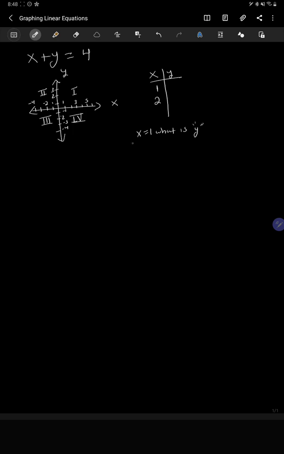So we plug in the 1 on the x. We got x plus y equals 4. So we got 1 plus y equals 4, minus 1, y is equal to 3. And so there we go. So we got the 3 right there.